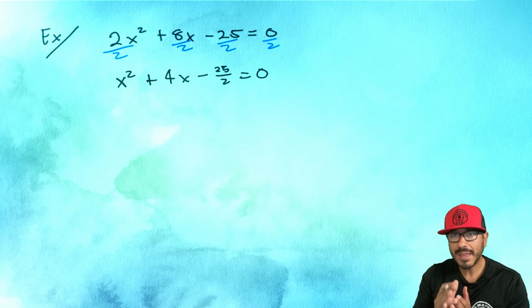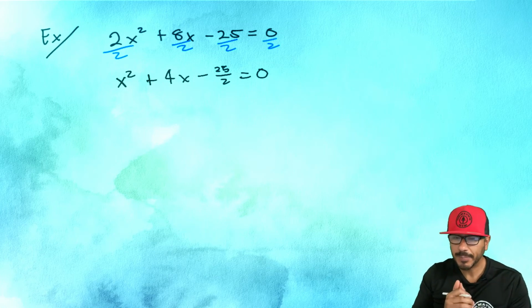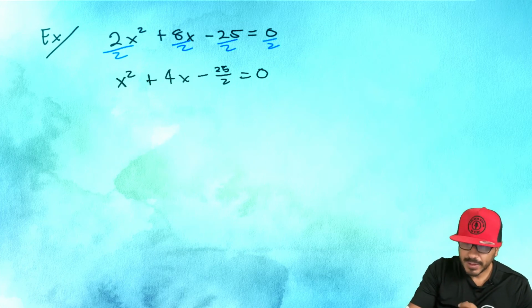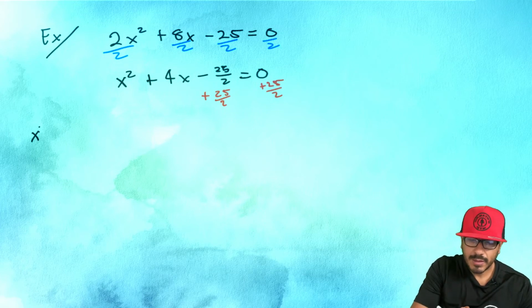Math is math, it stays the same, and just make sure you understand the principles of what you're learning. All right, so now I'm going to move that 25 over 2 to the other side. Let me go ahead, I'm going to add 25 halves to both sides. And then I'm going to have x squared plus 4x equaling 25 halves.